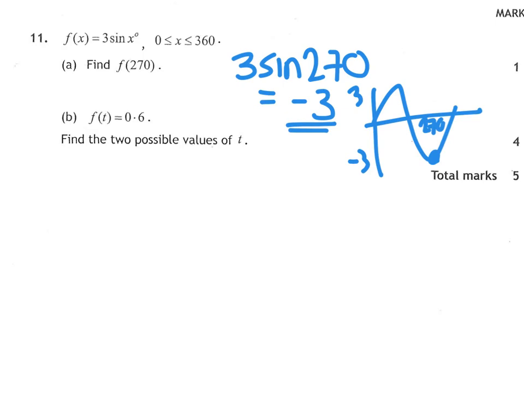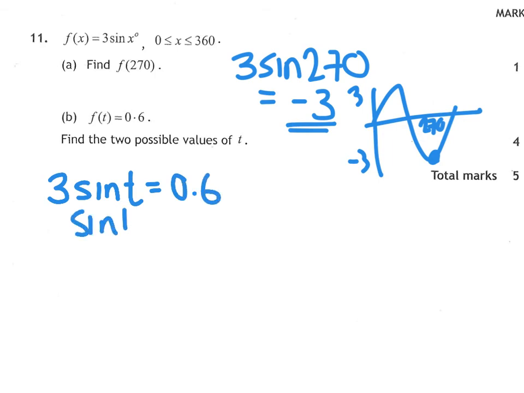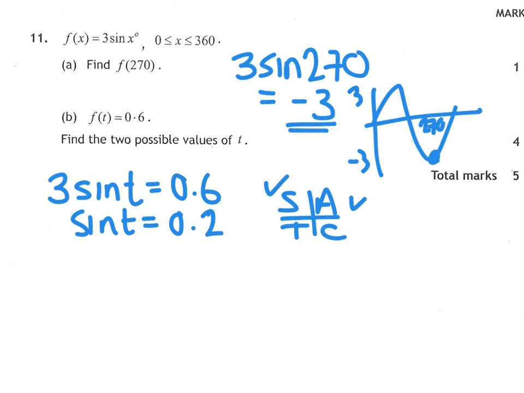Then it tells us this equals 0.6. So you put your equation equal to 0.6, and watch x is also changed to a t. So we have 3 sine t equals 0.6. Sine t is, that divided by 3, is 0.2. Now at the moment that is a positive number, so I'm going to use all in sine when I tick my boxes, not tan and cos.